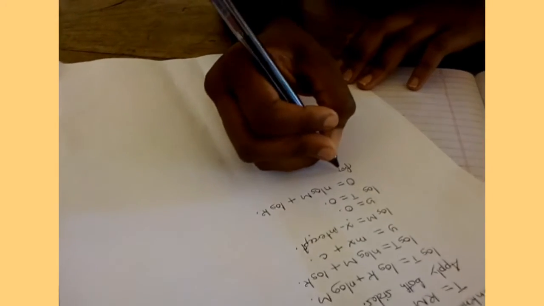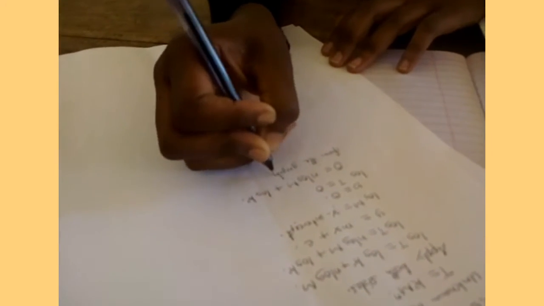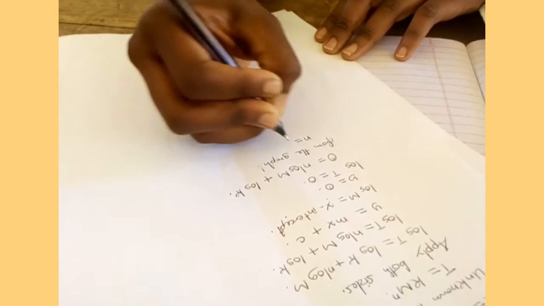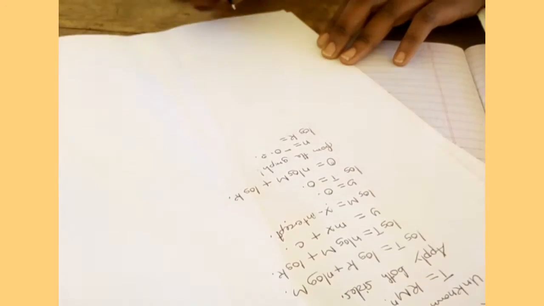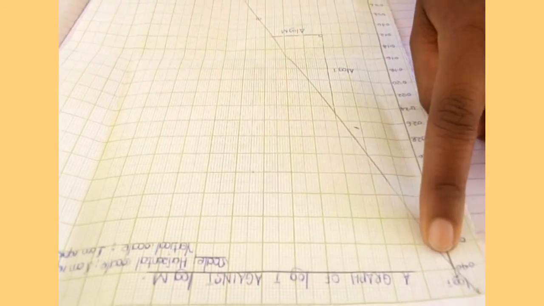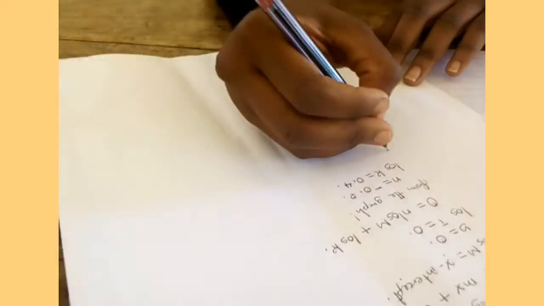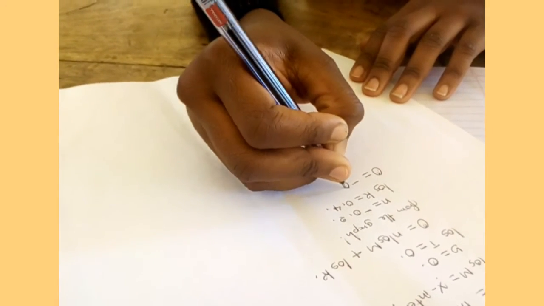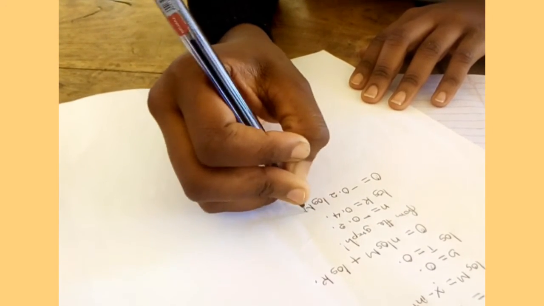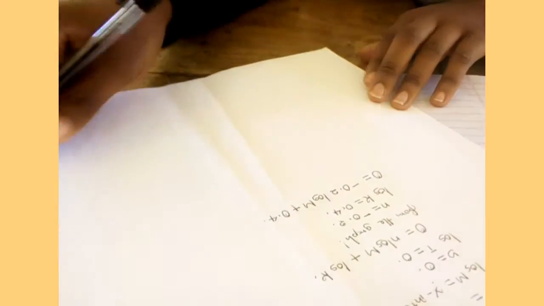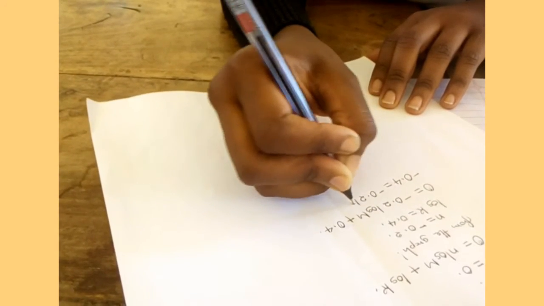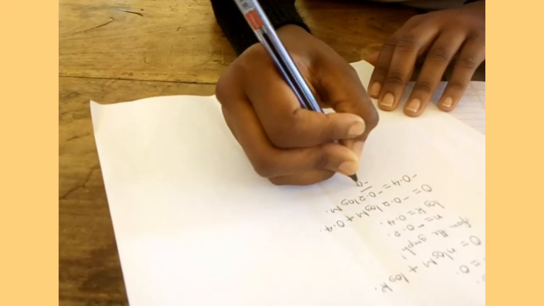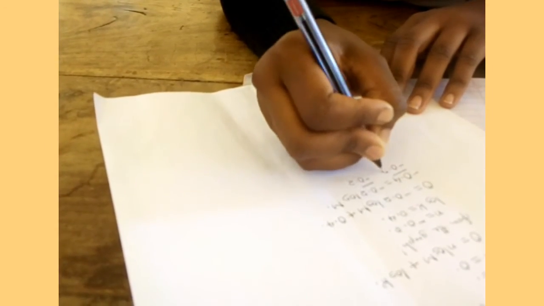From the graph, we say that n is equal to the slope, which is equal to negative 0.2. And log k as the y-intercept is equal to 0.4. So 0 is equal to negative 0.2 log m plus 0.4. Then negative 0.4 is equal to negative 0.2 log m, divided by negative 0.2 both sides.